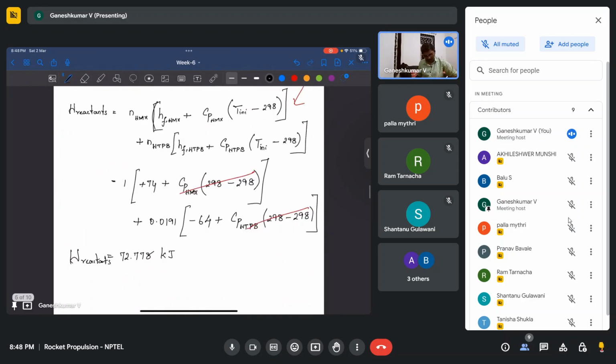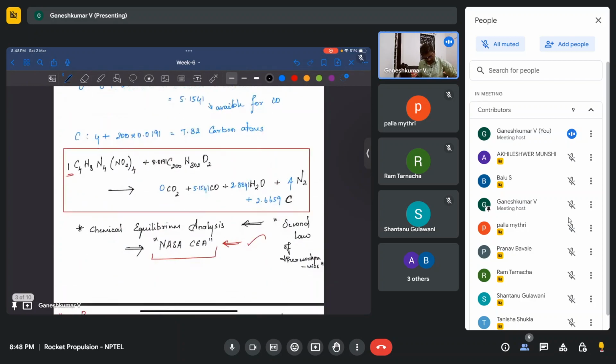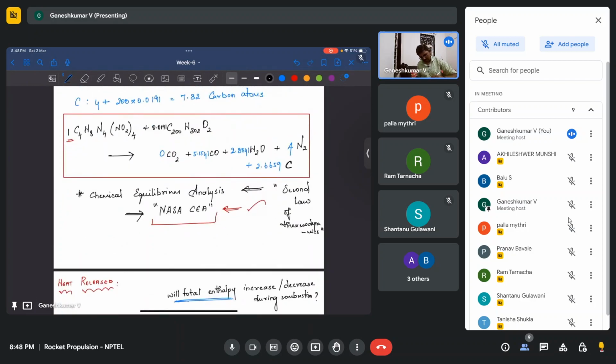N of CO, how much is N of CO? Let me just copy paste this.